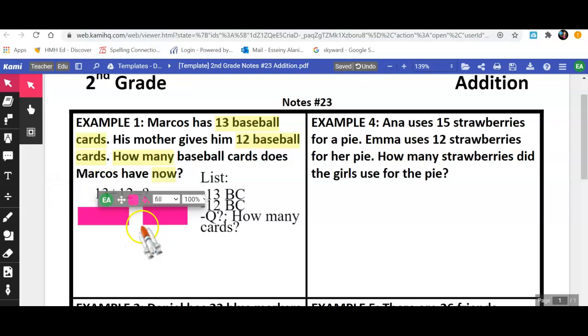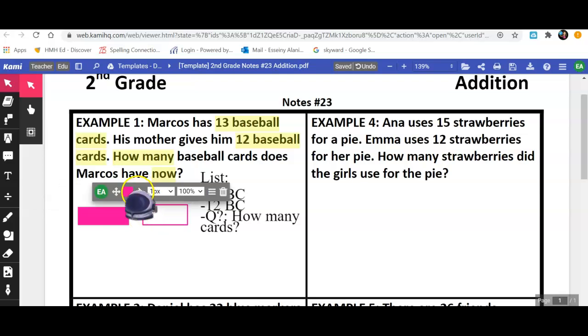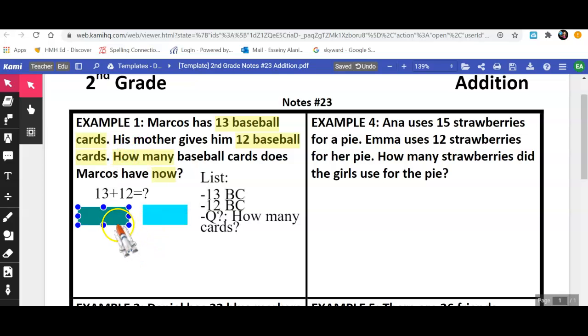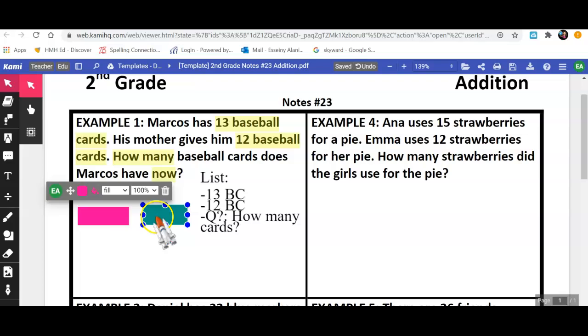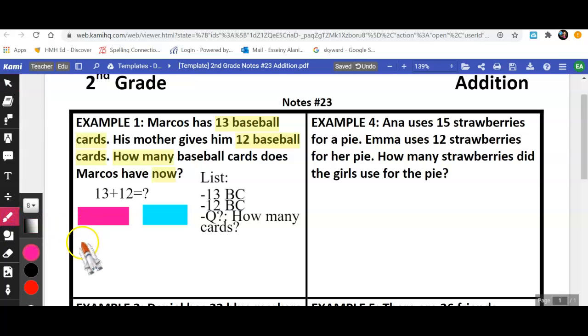Okay, so this is 10 and this is 10 from the 13. Let me change the color so that we know. The pink one is for 13, the blue one is for 12. So 10 and 10, and then we need 3 more for 13. So I need to draw my pictorial model.